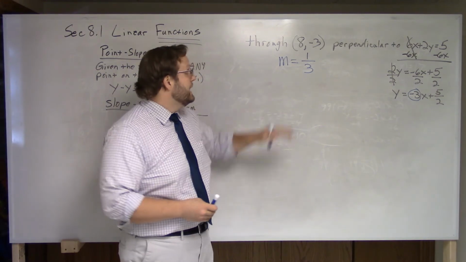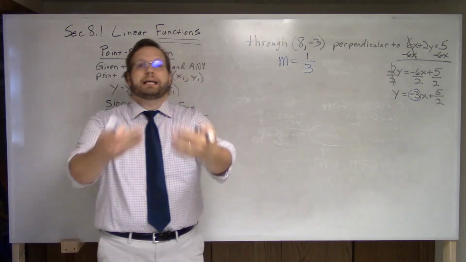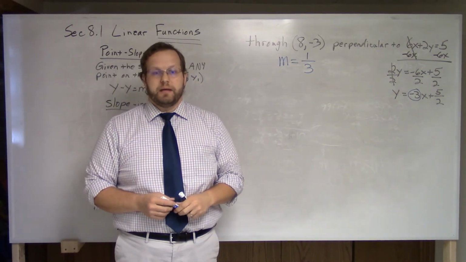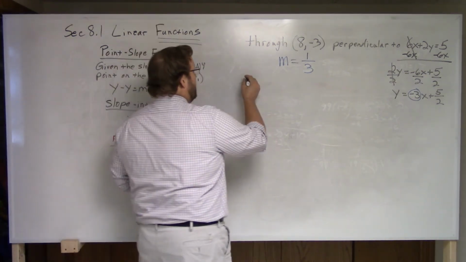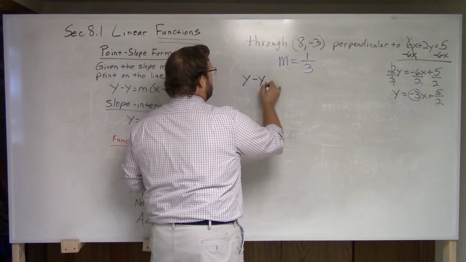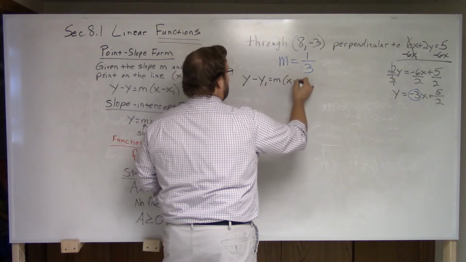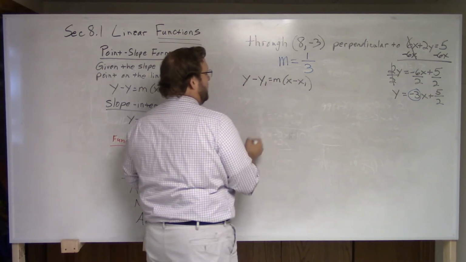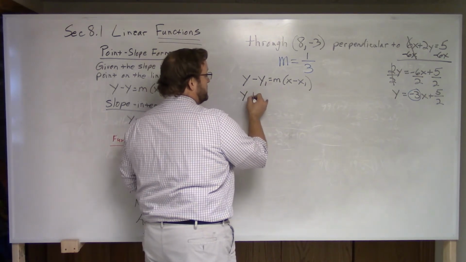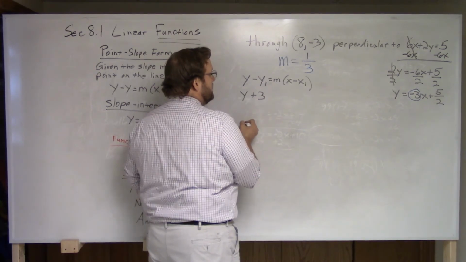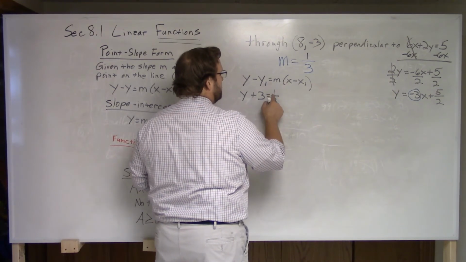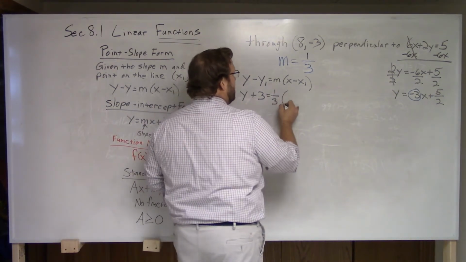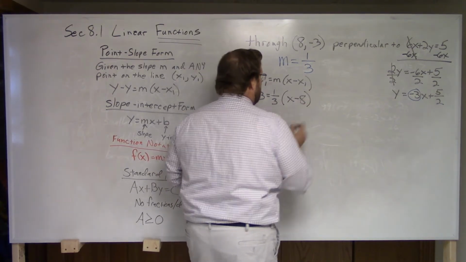Now, I have a point, I have a slope, I can progress like I have in the past. So let's just run through that real quick. We've got our point-slope form. I plug in my y value, which is going to be a plus 3 in this case. Then I plug in my slope of 1/3, and then I have x minus 8.